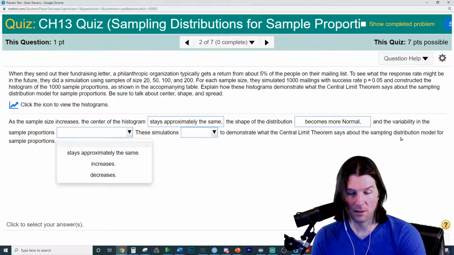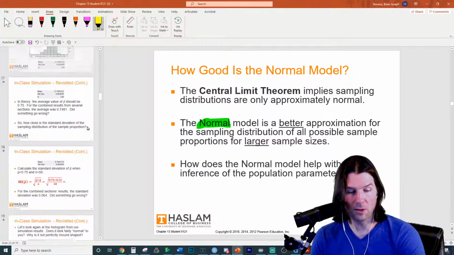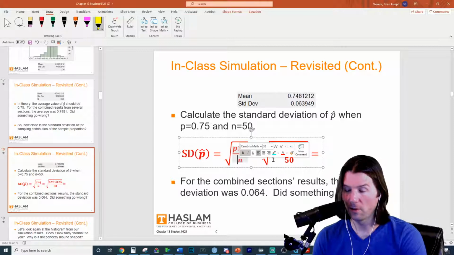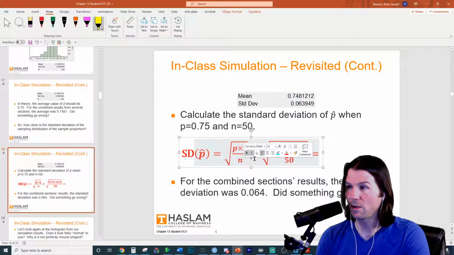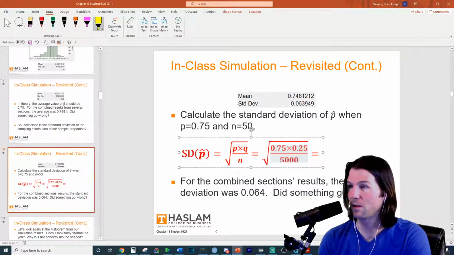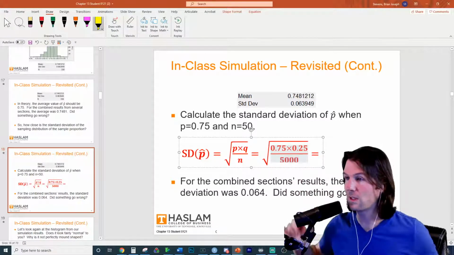Sample proportion and the variability in the sample proportion does what? Now, variability is just a measure of standard deviation. So when it comes to variability, what happens as we increase the sample size, which is the spread? The sample size will do what to the standard deviation? If the sample size goes from something like 5 to 50 to 500 to 5,000, what's going to happen to the standard deviation as we have an increase in sample size?